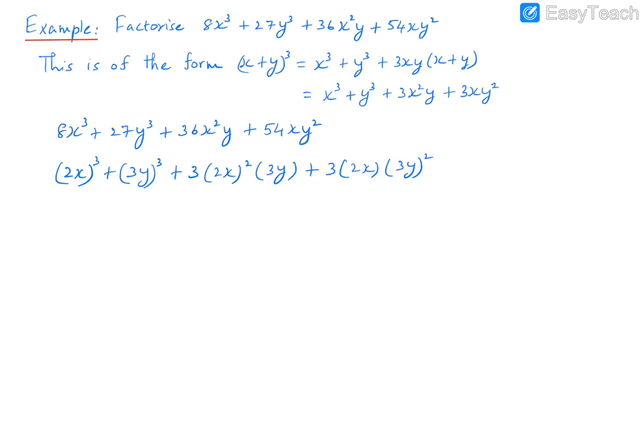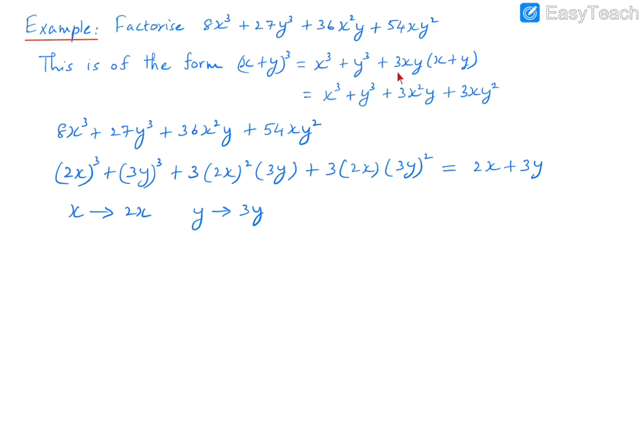Okay, so basically we have from the identity the variable x is mapping onto 2x and the variable y is mapping onto 3y. So this expression is basically 2x plus 3y the whole cube. So in place of x we have 2x and in place of y we have 3y.